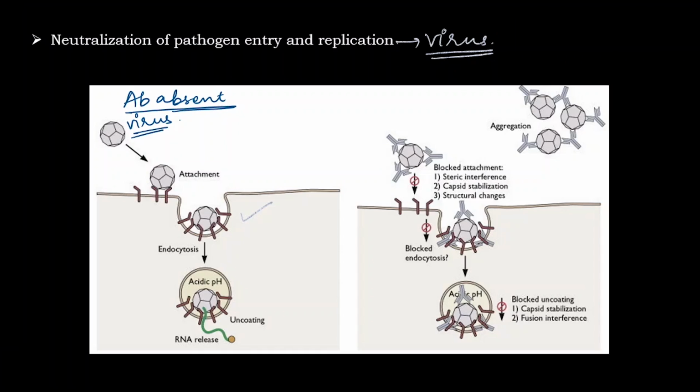The virus is entering into the cell. It attaches to the host cell receptor, then stimulates the endocytosis process, and after endocytosis the uncoating of the RNA happens, followed by the release of the RNA. In this way it infects the cell. In the absence of antibody, there is an infection, or disease, by the virus.